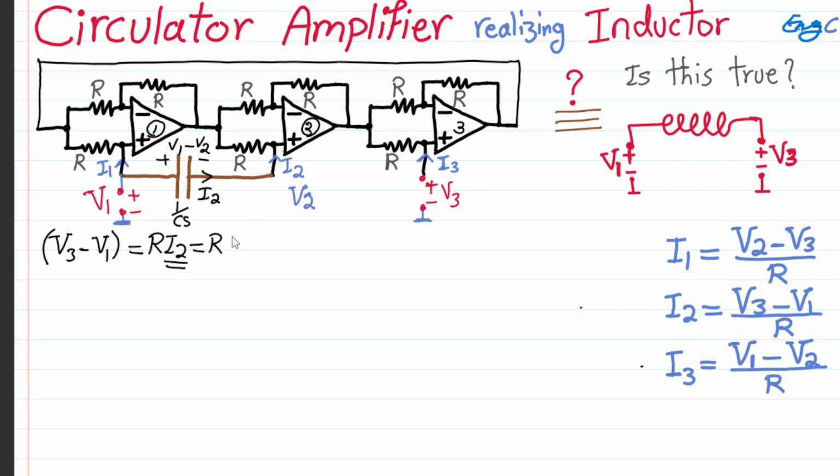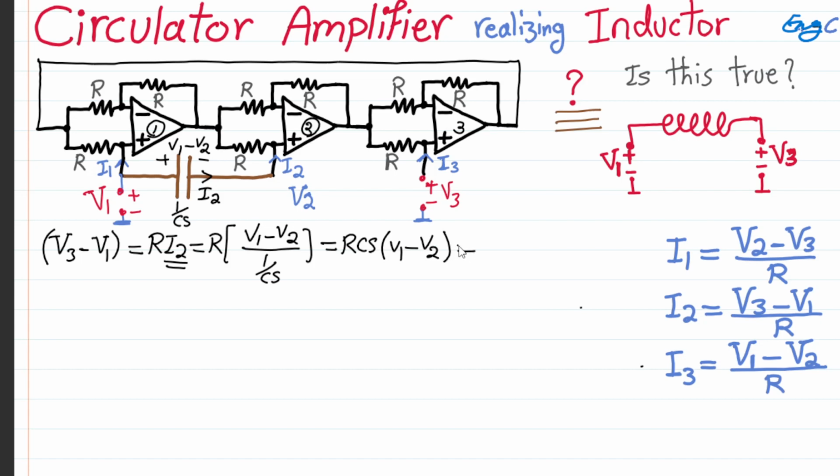So therefore, I can say I2 is simply V1 minus V2, the voltage on this cap, divided by the impedance of the cap, that is 1 over Cs. So as a result, what I get is RCs times (V1 minus V2).